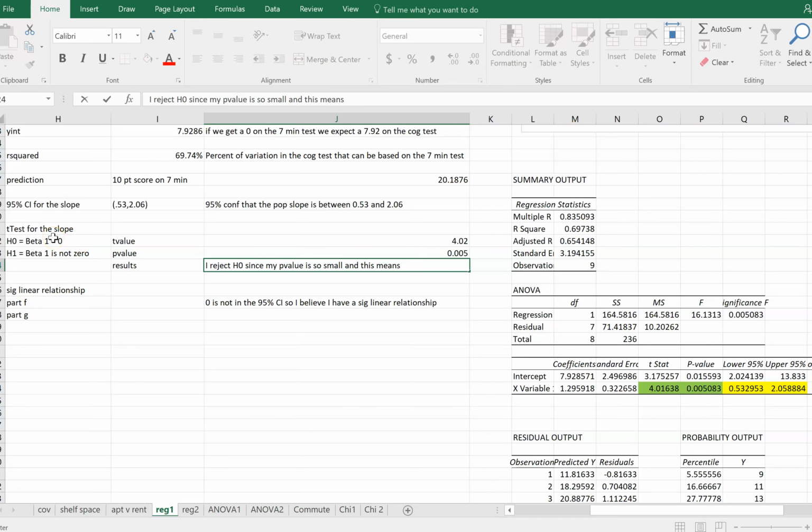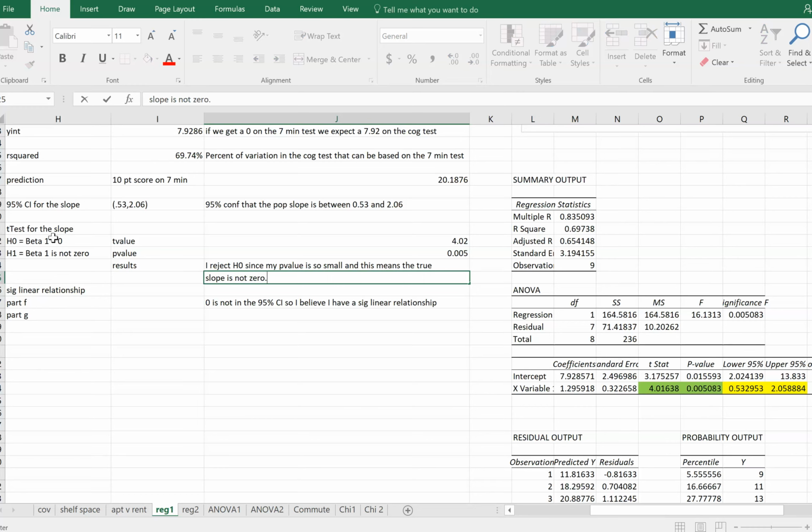The t-test for slope is the test for, are you sure 0 could not be a potential population slope? Are you sure? Well, let's test it. I'll assume maybe it is 0. And if my p-value comes out small enough, I'll say, nope. And that's what this means. And this means the true slope is not 0.